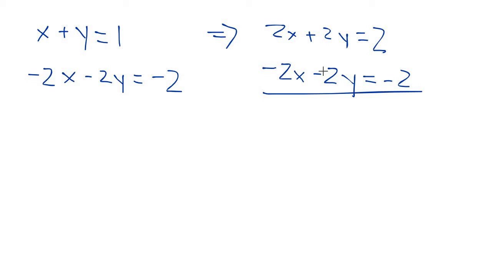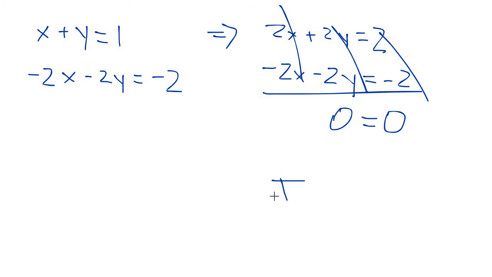And then when we add these equations, we see that everything crosses out and we're left with 0 equals 0. And this is pretty confusing because we don't know what to do. And what it turns out is that this means that we have infinitely many solutions, which we can just simplify and write as IMS. And that is our solution.